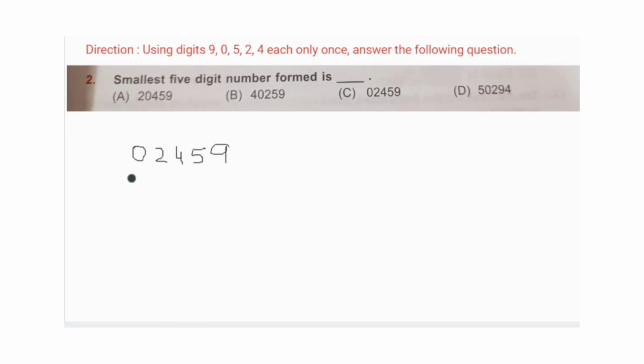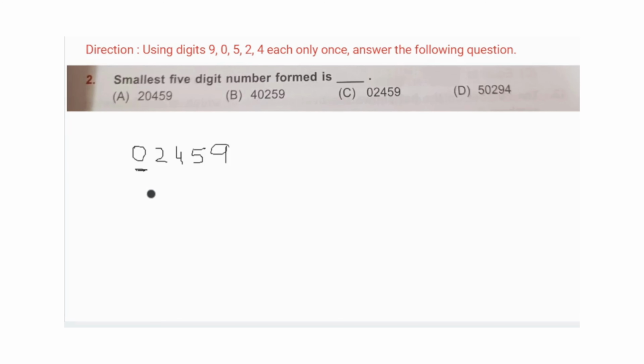So when we write these numbers in ascending order, we get 0, 2, 4, 5, 9. But a number cannot start with 0, right? The first impression is option C could be the right answer. But the analysis for this question is that a number cannot start with 0.